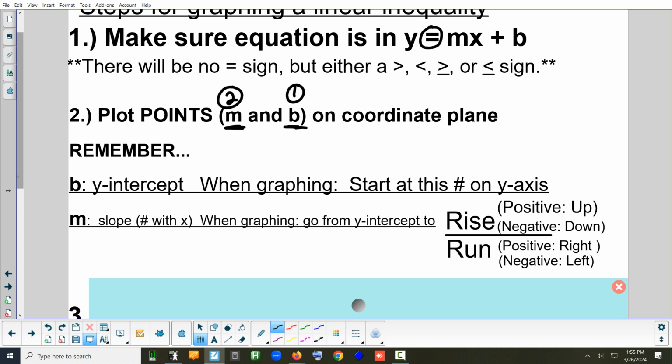You would go down and to the right if you had a negative over a positive. The only time I ever go left is if I'm running out of space, if I'm on the edge of my graph and I can't go to the right. Then I'll go backwards. But other than that, I always go up and to the right or down and to the right.